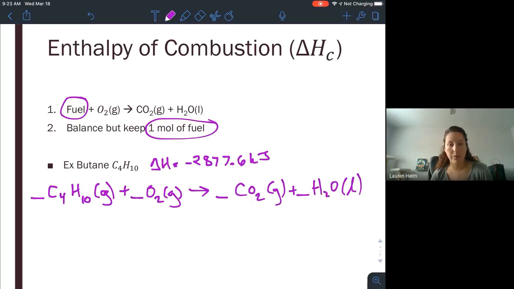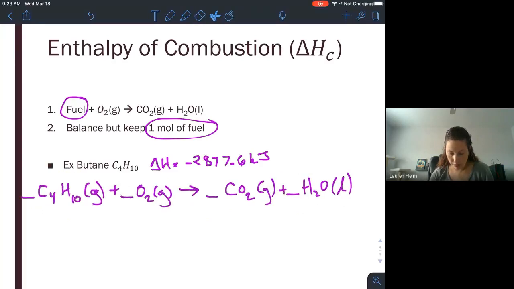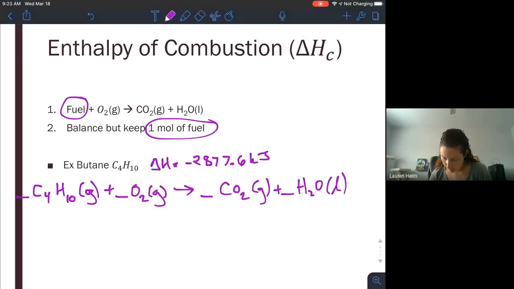We'll put water as a liquid. And we also need to put in our enthalpy. Never leave myself enough room. Let's squeeze that in there. Kilojoules. All right, so that's like we did before.